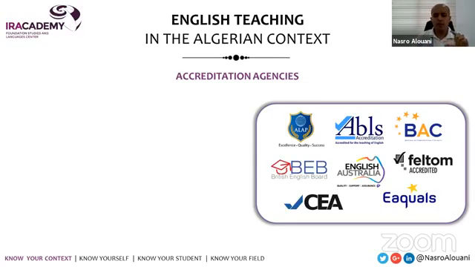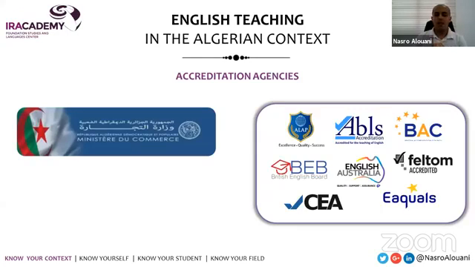And you know that these schools, private schools, some of you might not know, belong to the Ministry of Commerce in Algeria. So the Ministry of Commerce controls this topic, private schools, I mean, in Algeria.